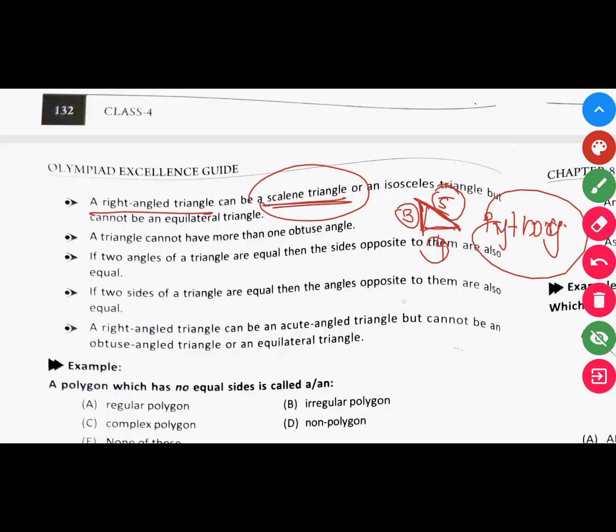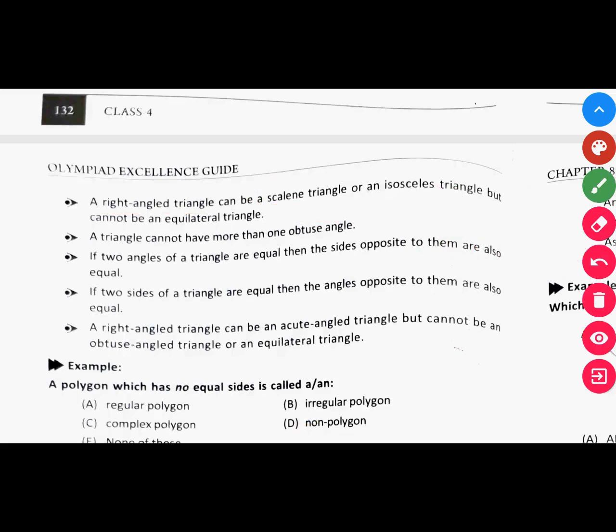Okay, so not necessary that all sides should be equal, or maybe these two sides are equal, means a right angle triangle can be a scalene triangle or it may be an isosceles triangle, but it can never be an equilateral triangle, because an equilateral triangle has all the angles of the same degree.